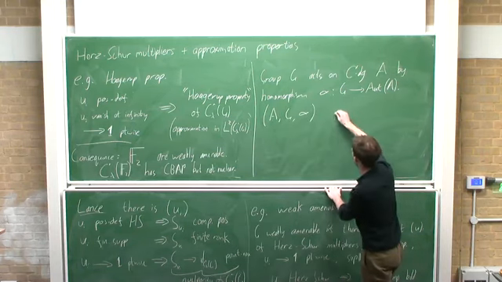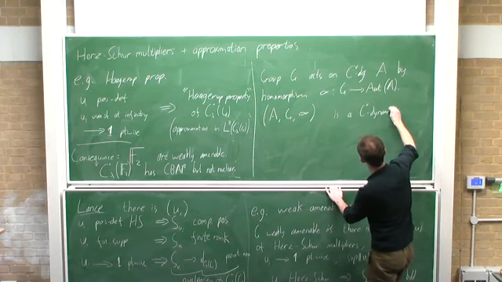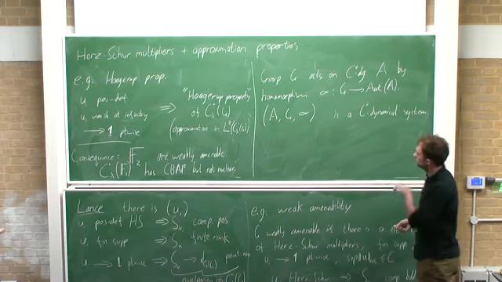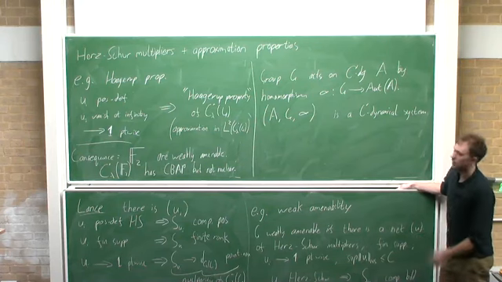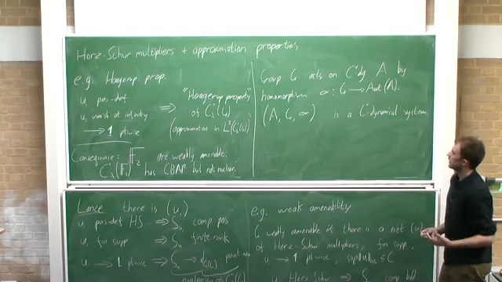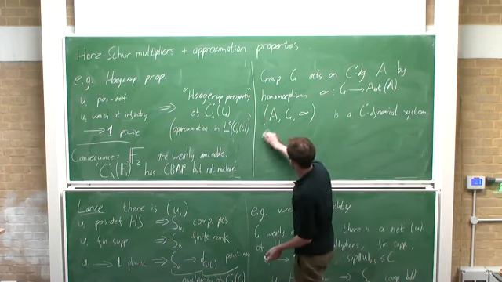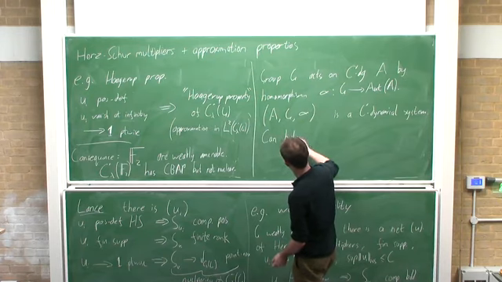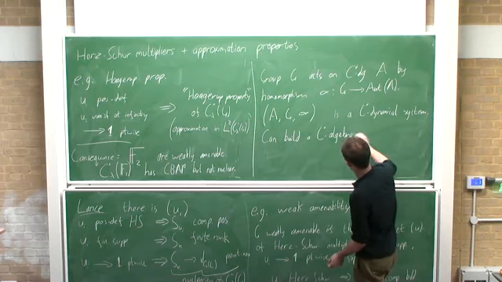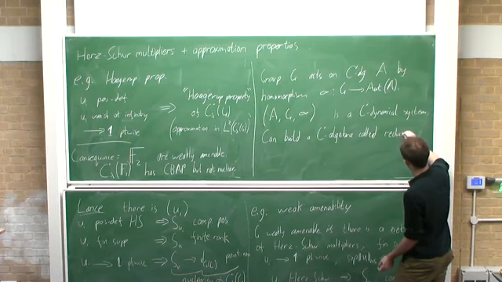So together this data is called a C-star dynamical system. And from this system then we can build another C-star algebra called the cross product, in a very similar way to how the group C-star algebra was built, called the reduced cross product.